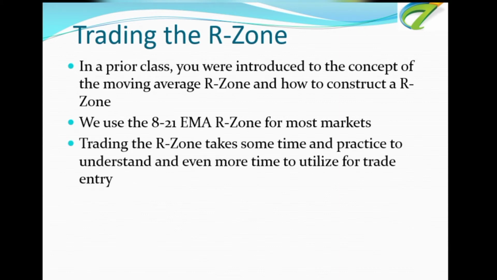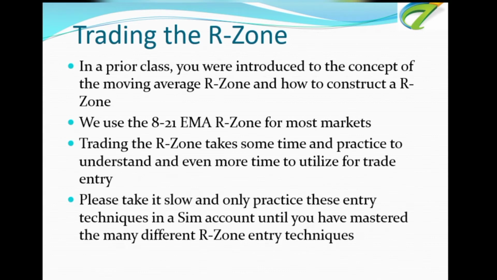Trading the R zone takes some time and practice to understand and even more time to utilize for trade entry. Please take it slow and only practice these entry techniques in a sim account until you have mastered the many different R zone entry techniques.